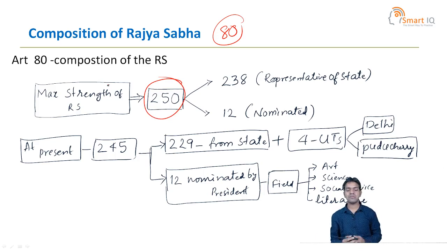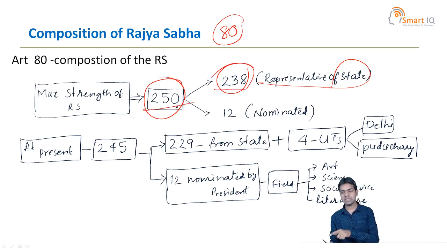Out of the 250, 238 members are represented from the states and 12 are nominated by the President of India.